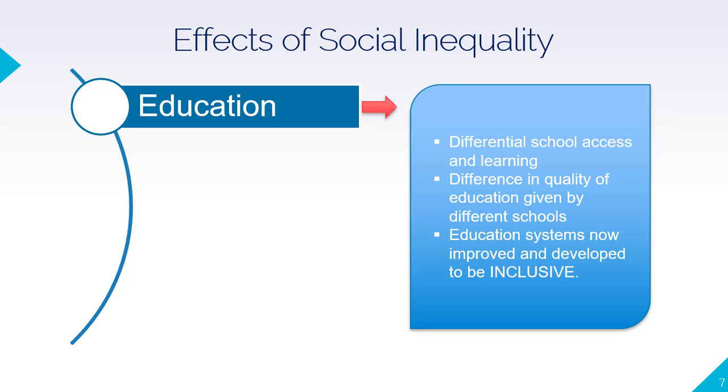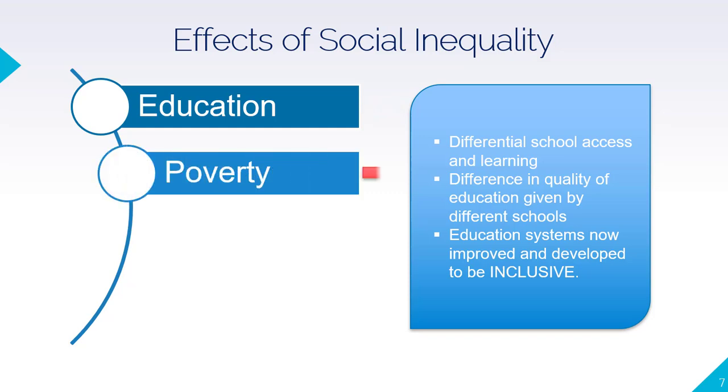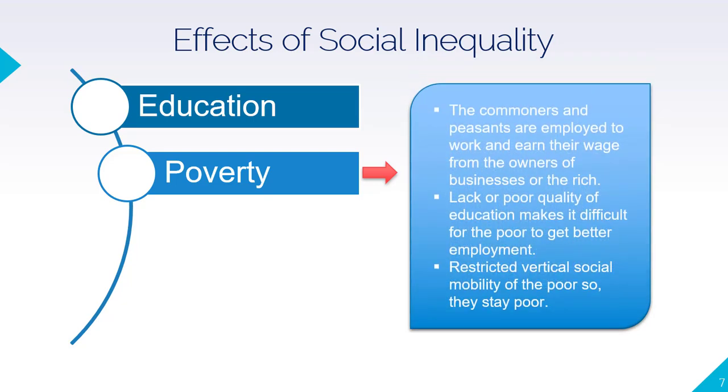Poverty. Essentially, even in ancient times, those in political power or those born in elite families are the ones who have more wealth. The commoners are subdued and are employed to work in order for them to make a living. Due to social inequalities' impact on education, the rich become richer, and the poor become poorer due to lack of awareness and opportunities.